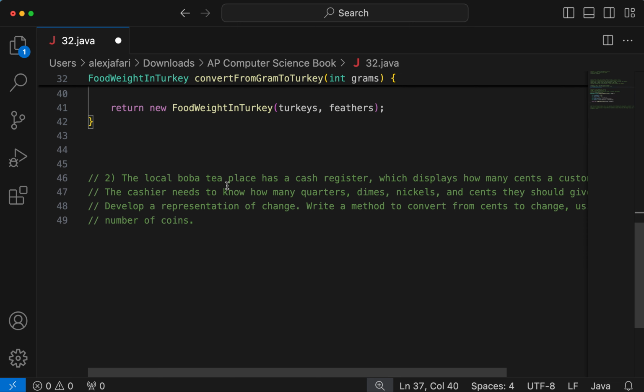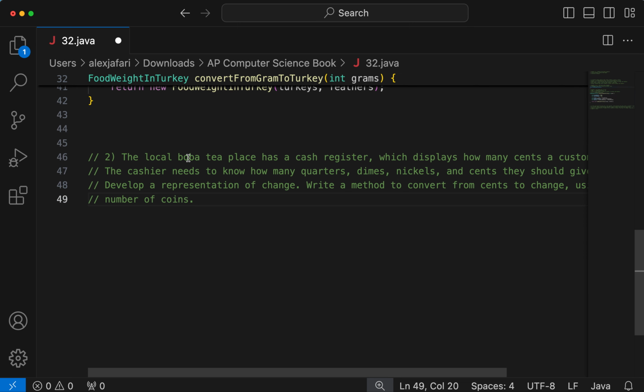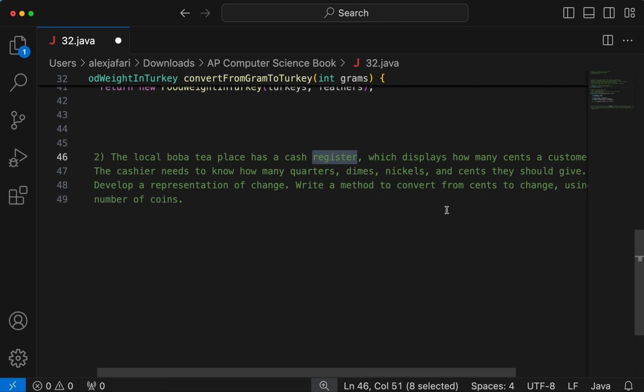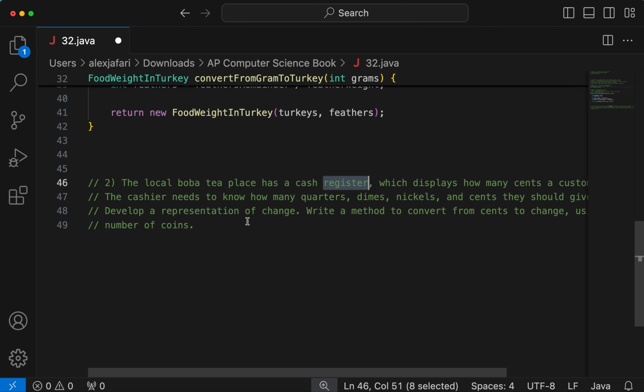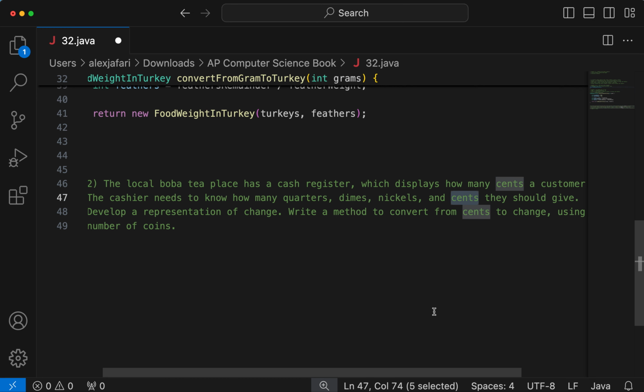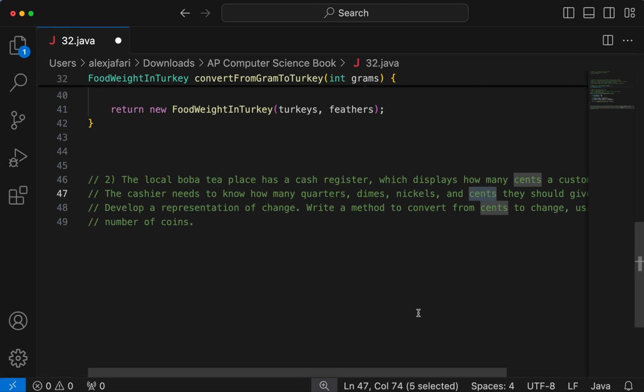Makes sense. Excellent. The second question is that a local boba tea place has a cash register, and the cash register has how many cents the customer is owed. They need to know how many quarters, dimes, nickels, and cents they should give. So let's first go through our definitions. A quarter is 25 cents.